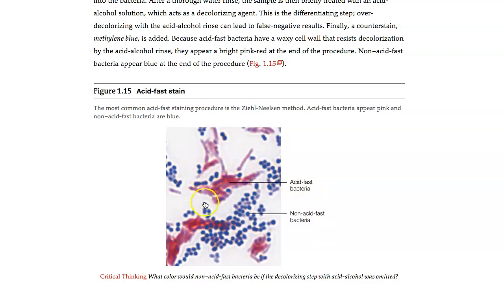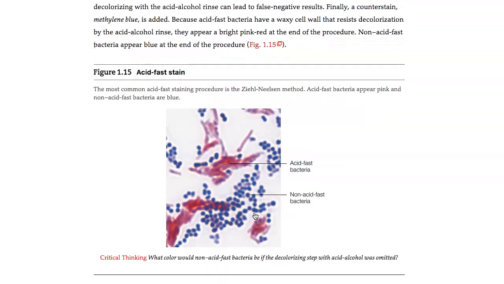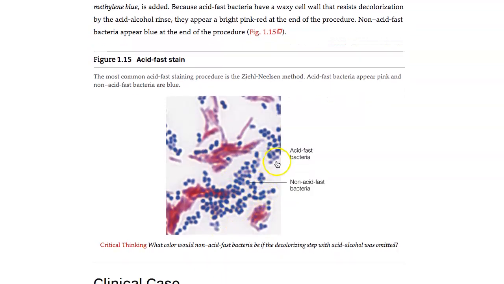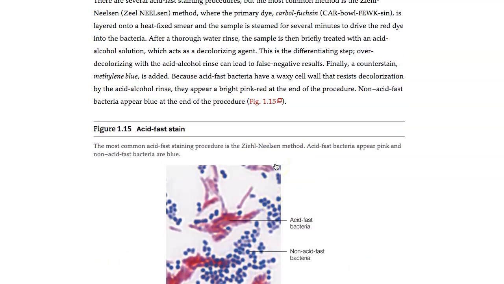So this shows you what you would look at in the microscope when you've done an acid-fast staining procedure where you're dealing with a mixture of bacteria. Those that are acid-fast are going to retain the stain and appear a pinkish color, and those that do not retain the stain will be stained by the blue, the secondary dye.